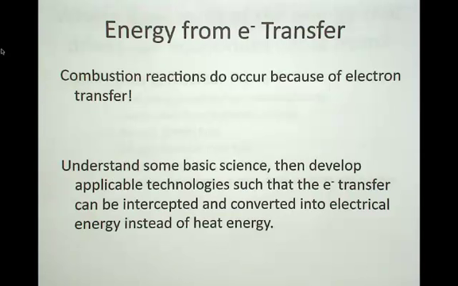So because people have come to understand this concept of electron transfer on a fundamental level, they can bypass the heat part of the energy transfer and go directly from electron transfer, which is considered a chemical energy, to electrical energy.